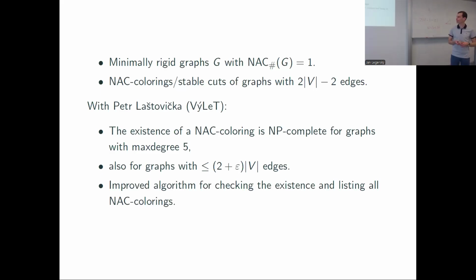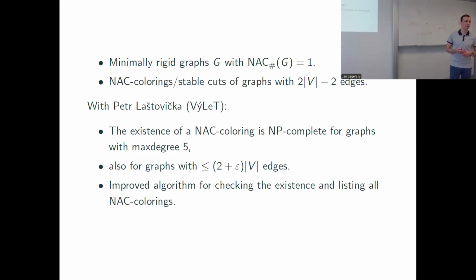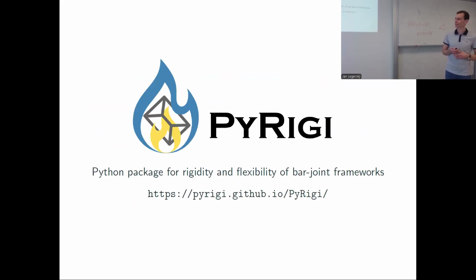And Petr has implemented some ideas how to improve the algorithm for searching all NAC-colorings or checking the existence. Of course, this algorithm is still exponential, but it's much faster than my naive implementation that I did some years ago. And he implements the algorithm in terms of the package PyRigi.